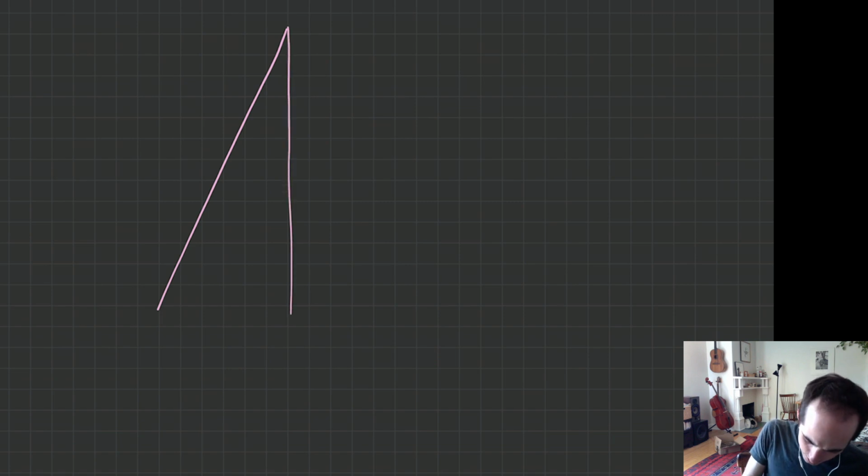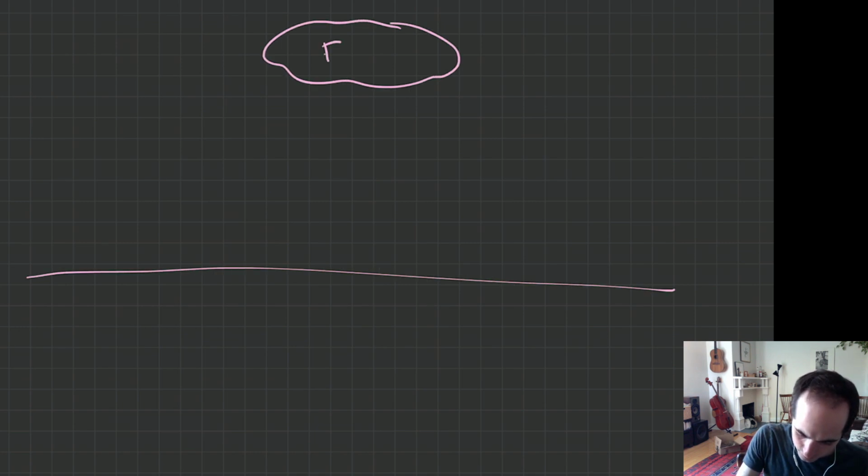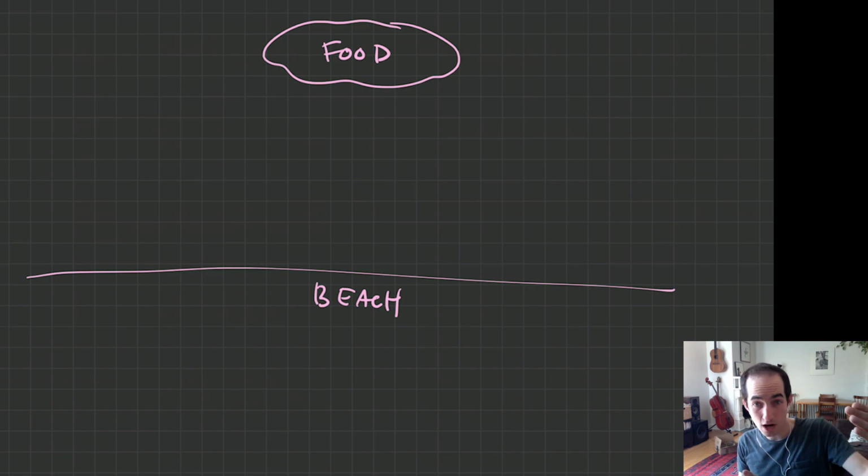So one of the questions that I love to do in grade 9 when I first teach trigonometry is to take a look at this problem. Let's say that we're on a desert island and there's food on this island, and this is the beach, right? And you want to know how far away that thing is.